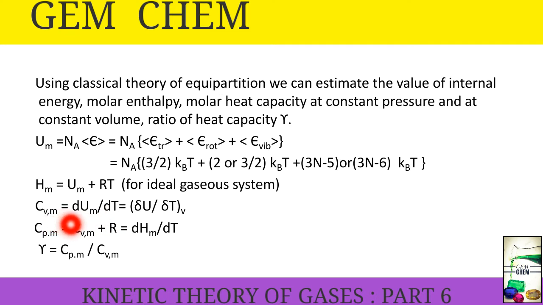Similarly, Cpm, the molar heat capacity at constant pressure, is given as Cvm plus R. It is actually the derivative of the molar enthalpy with respect to temperature. And gamma is the ratio of Cpm by Cvm.